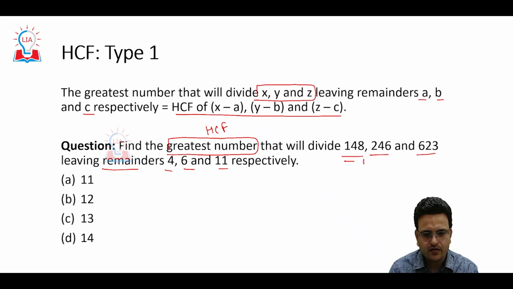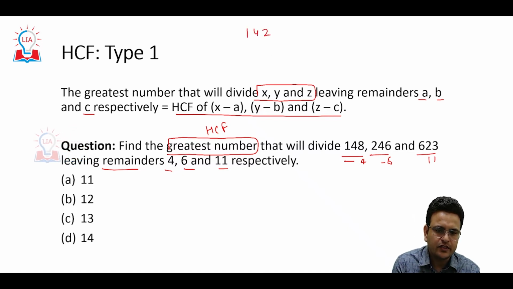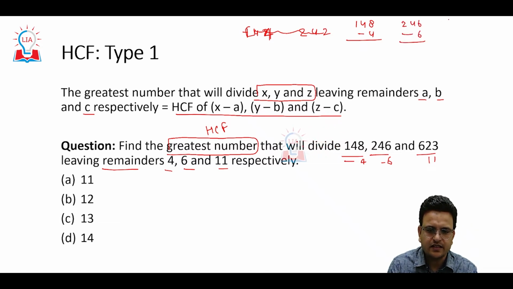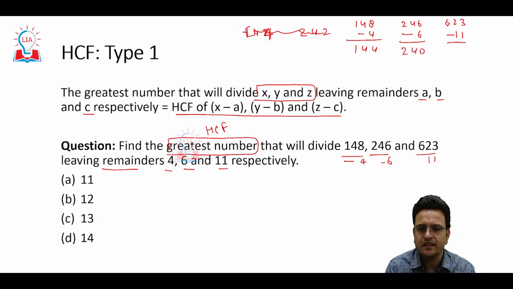Just subtract 4, subtract 6, and subtract 11. 148 minus 4, 246 minus 6, and 623 minus 11. So here 144, again 240, and then 612.